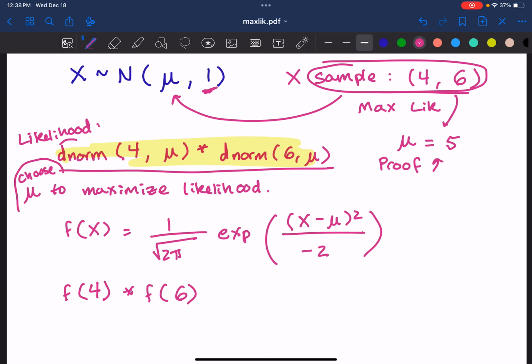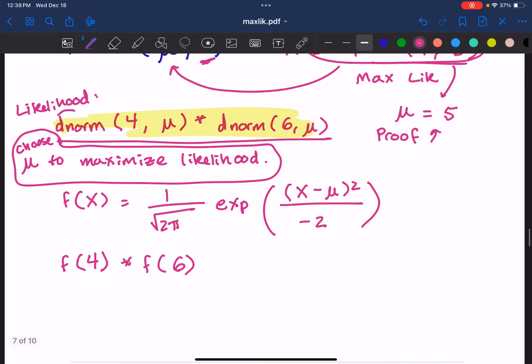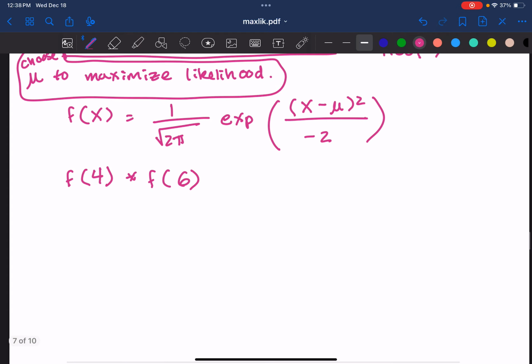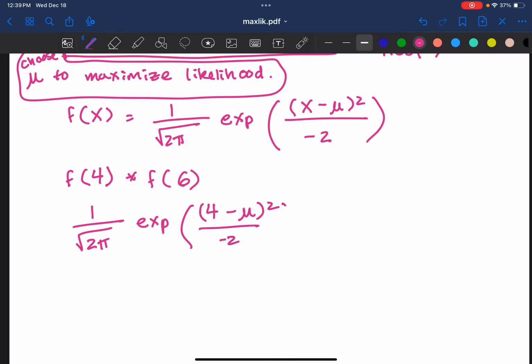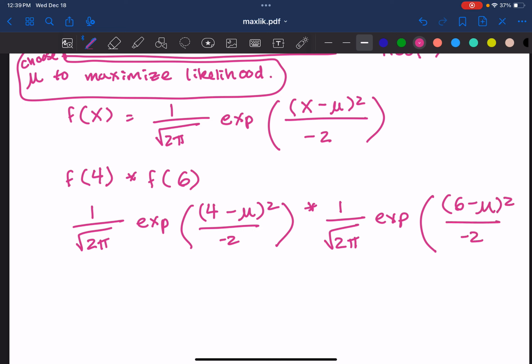And then we're going to think about how we could choose mu to maximize that likelihood. So f evaluated at 4 goes like this: 1 over root 2 pi times e to the 4 minus mu squared over negative 2, times 1 over root 2 pi times e to the 6 minus mu squared over negative 2. I can simplify this a little bit.